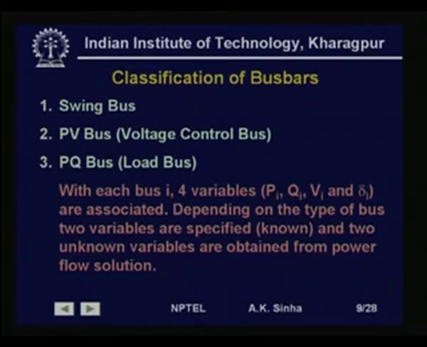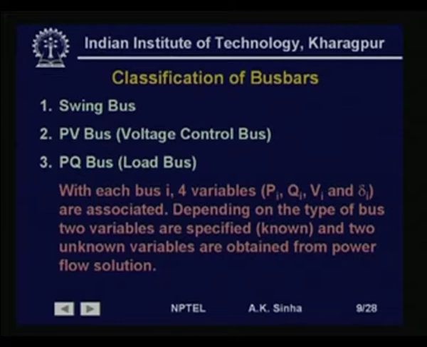Some of the load buses, where we have reactive power sources available, can also maintain their voltage at a specified value. So, those buses can also be treated as PV buses, that is, buses where real power and voltage magnitude are specified are the PV buses.